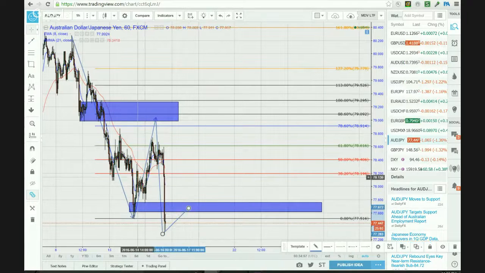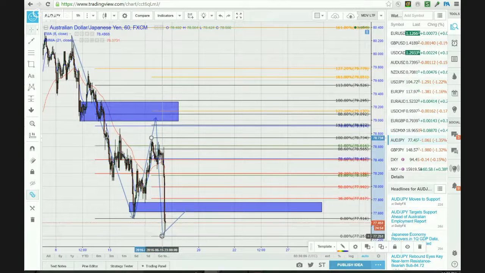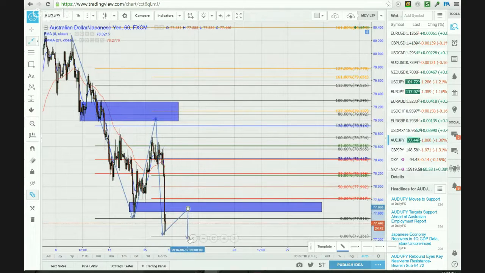I could even see it coming to this structure level right here, quite honestly. We can draw our fibs from relative swing high to swing low, and you can see our 38.2 level comes right into here. So this is where I will be looking for price to come for a safe entry. I am a trend continuation trader along with the harmonic.